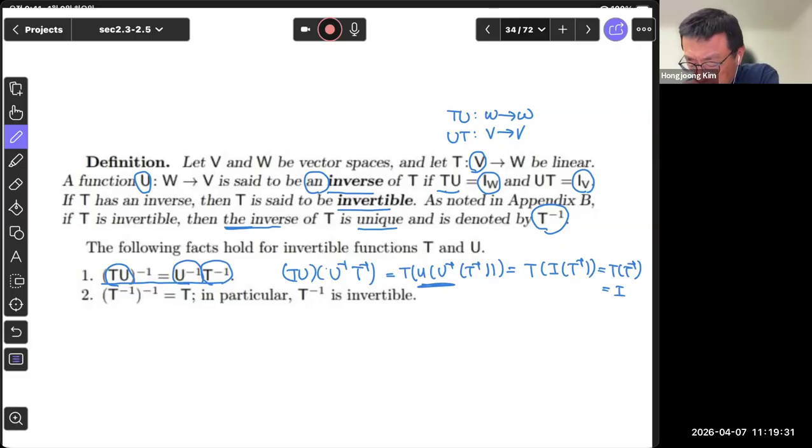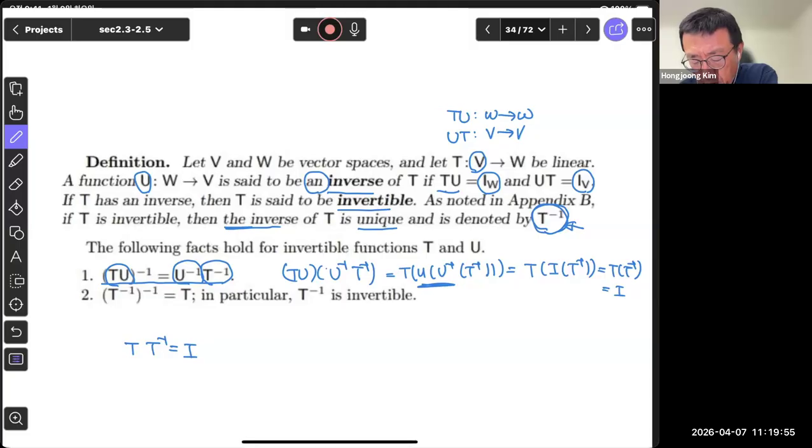Okay. And so if this T to the negative 1 represents the inverse of T, then T inverse will generate the identity mapping by definition.